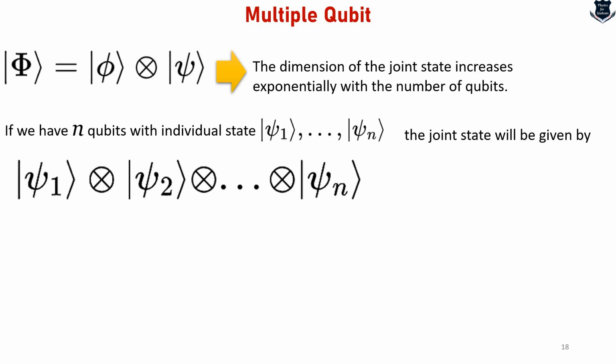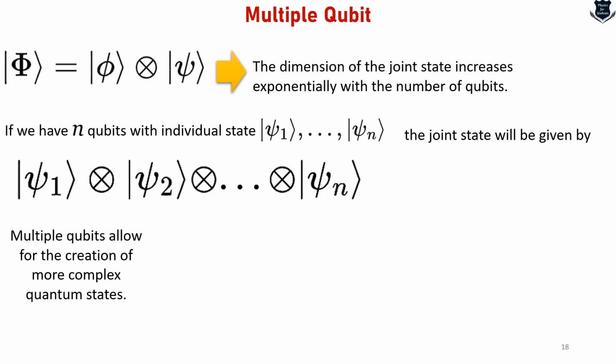Now hold on, this actually signifies four important points which are worth noting. The first is that multiple qubits allow for creating more complex quantum states, which would be required for advanced quantum physics and quantum computing.